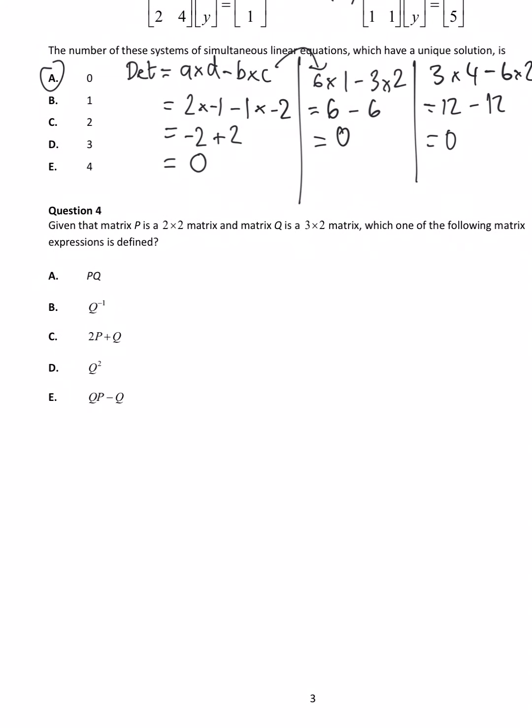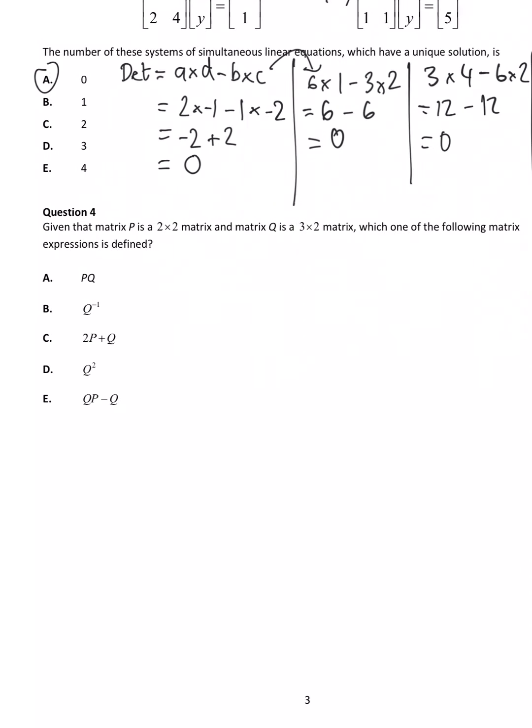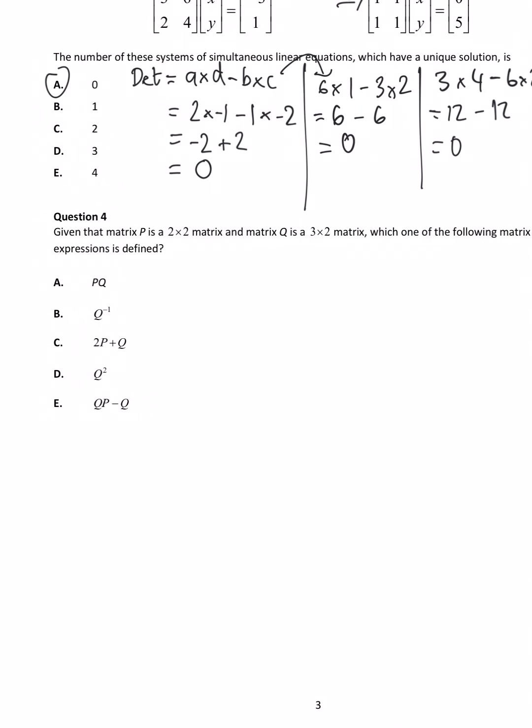Question 4. Given that matrix P is a 2 by 2 matrix, and matrix Q is a 3 by 2 matrix, which of the following matrix expressions is defined? All right, so there's a number of ways you could do this, guys. One way is you could make a random 2 by 2 matrix as P, putting in whatever numbers you wanted.